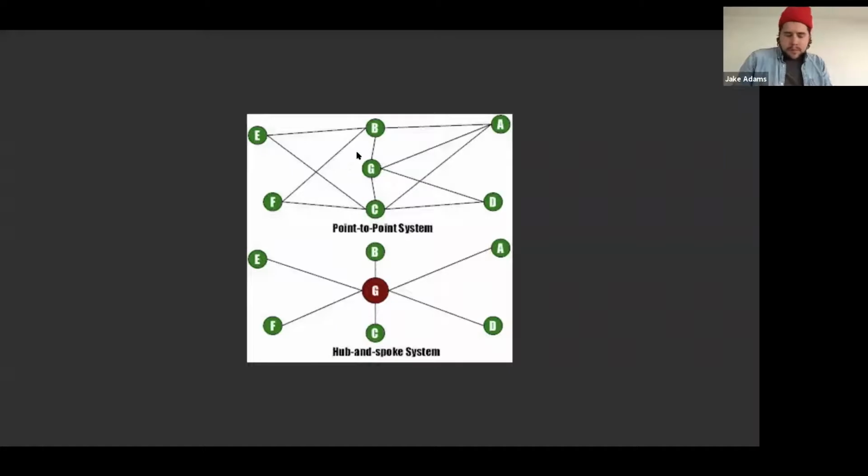Before that, I want to talk about 2 different types of systems. You have a point-to-point system and a hub and spoke system. For the last 100 years, most teams have operated as a hub and spoke system where you have one leader, one manager controlling information flow. And this ends up being an abnormal amount of power for this G node, right?